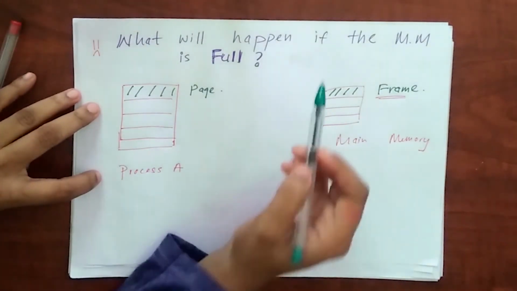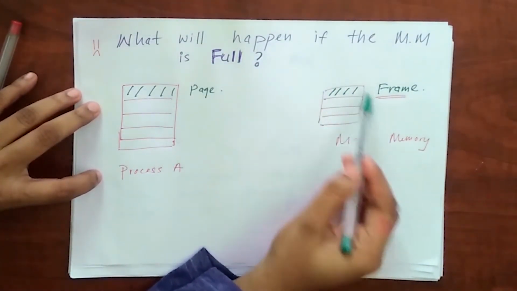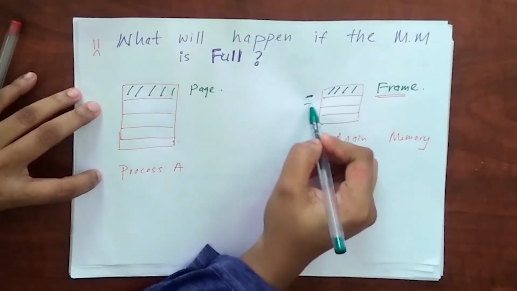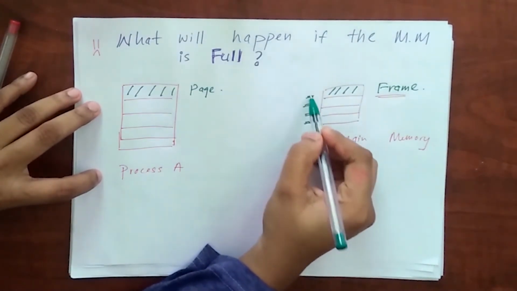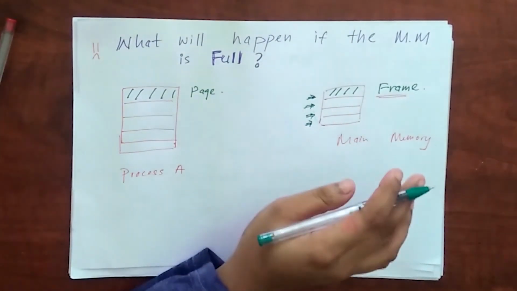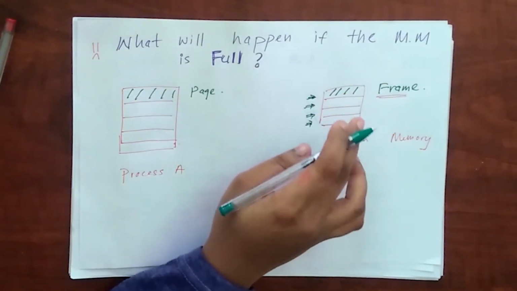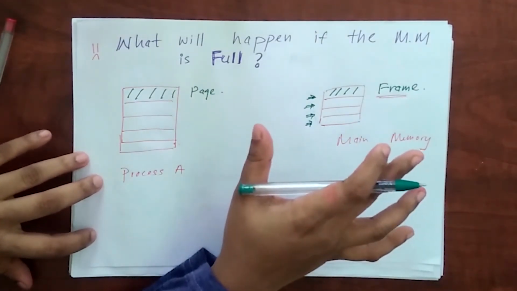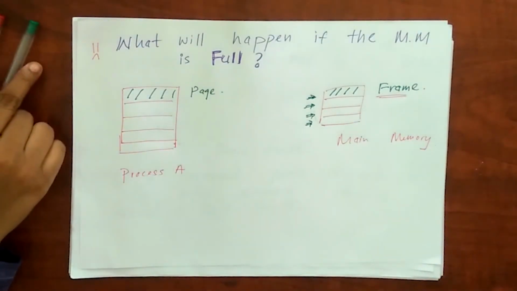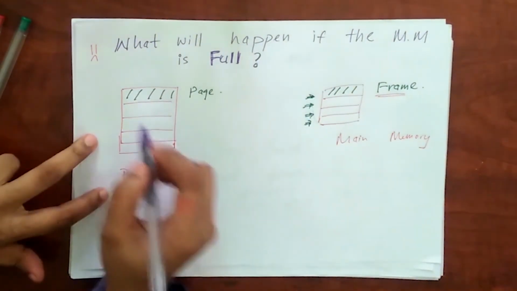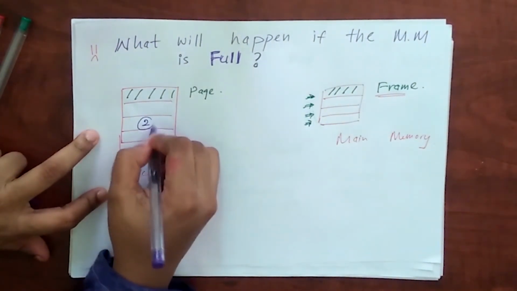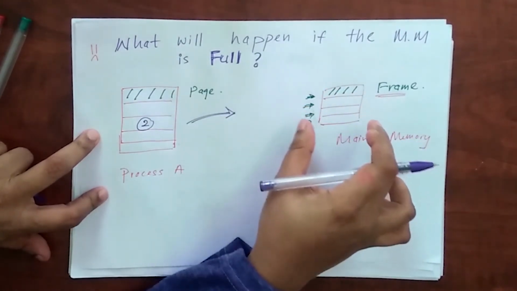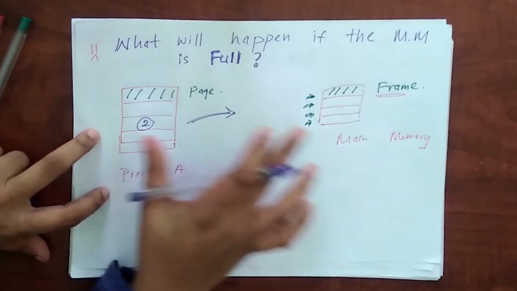So main memory being full means that each frame is having some process pages. So then what will happen? Let's think that we want this page 2 to be loaded to the main memory, but because these frames are full, this page 2 cannot be loaded.